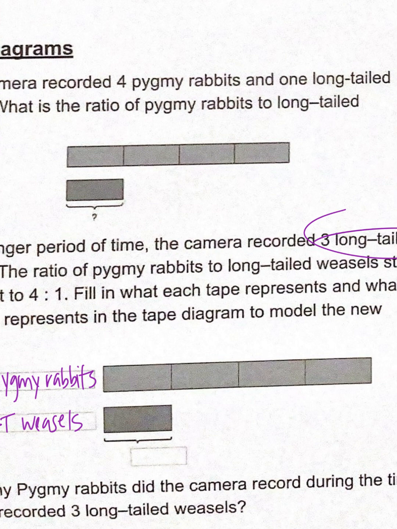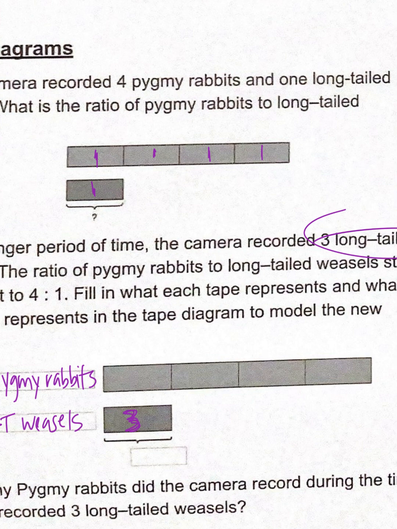So if it's equivalent, equal, my numbers are changing, but it's still equal. Think about when we work with fractions, okay? If it's 4-to-1, I want to keep it 4-to-1, but instead of each of these representing 1 pygmy rabbit and 1 long-tailed weasel, now I have 3 long-tailed weasels.